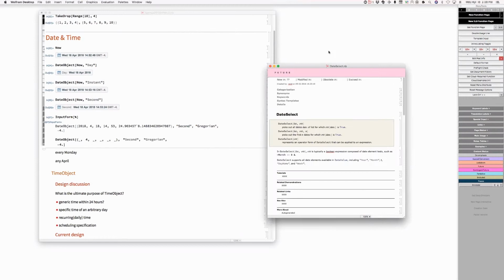So using the same elements we have in date value, we could say, here's a bunch of dates, I want all of the ones that match this particular criteria. But in this case, the basic implementation uses named slots that refer to date value elements. And how on earth would you pick those up?